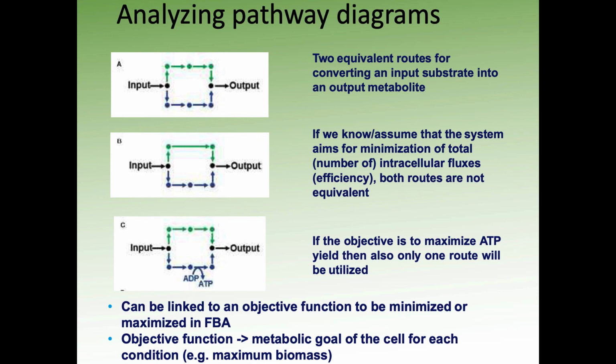So we have basically two equivalent routes of producing a metabolite, right?